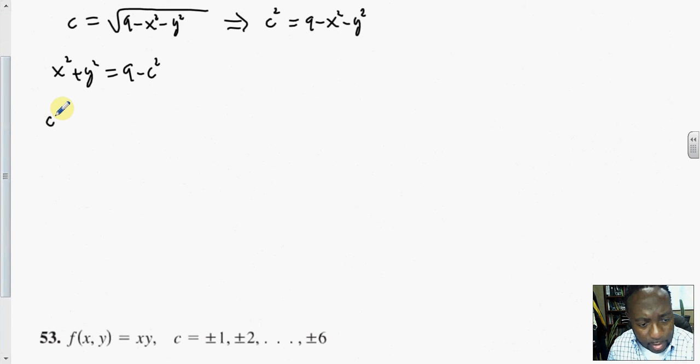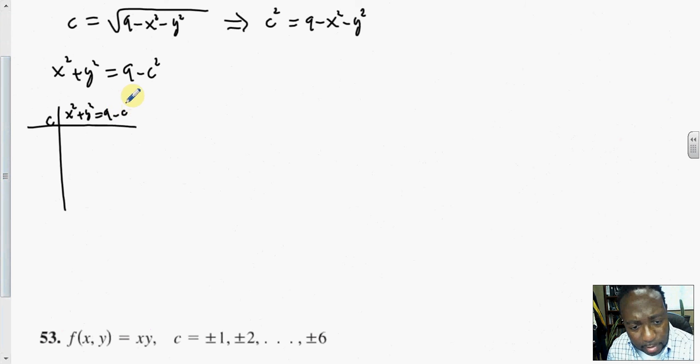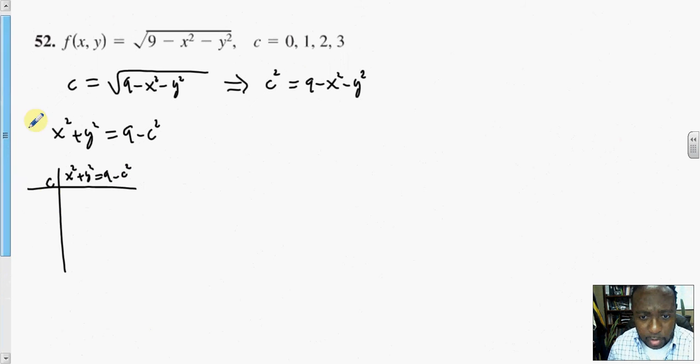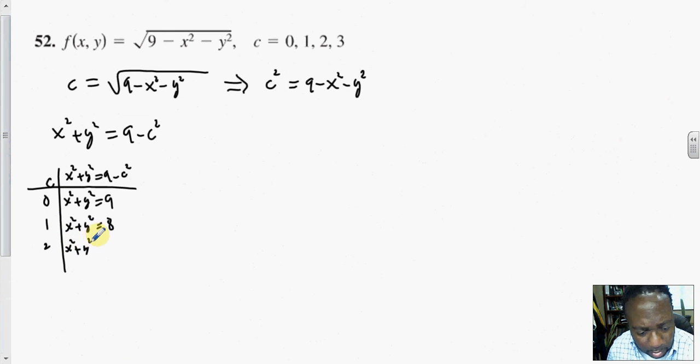So if we take the values of c and plug those into the equation, x squared plus y squared is equal to 9 minus c squared. If c is 0, we get x squared plus y squared is equal to 9. If c is 1, we get x squared plus y squared is equal to 9 minus 1 is 8. If c is 2, we have 9 minus 4, so that's 5.